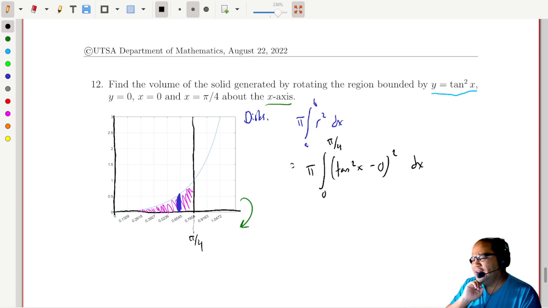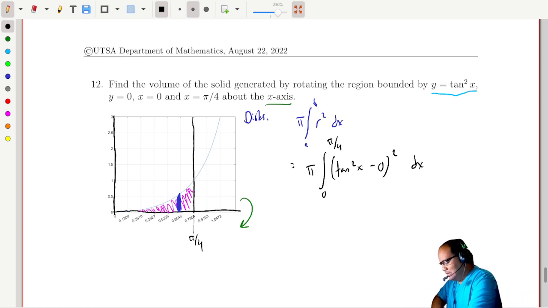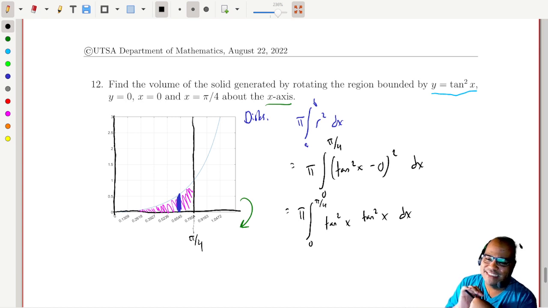Oh boy, but how do I do that? Well, we have some tricks up our sleeve. I'm going to write this as two copies of tangent squared x times tangent squared x. Is there a way I can rewrite tangent? What about with secant? Secants are helpful.